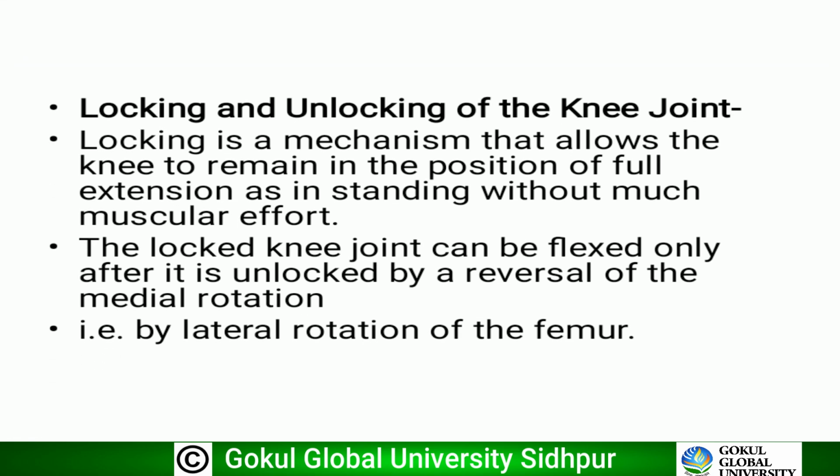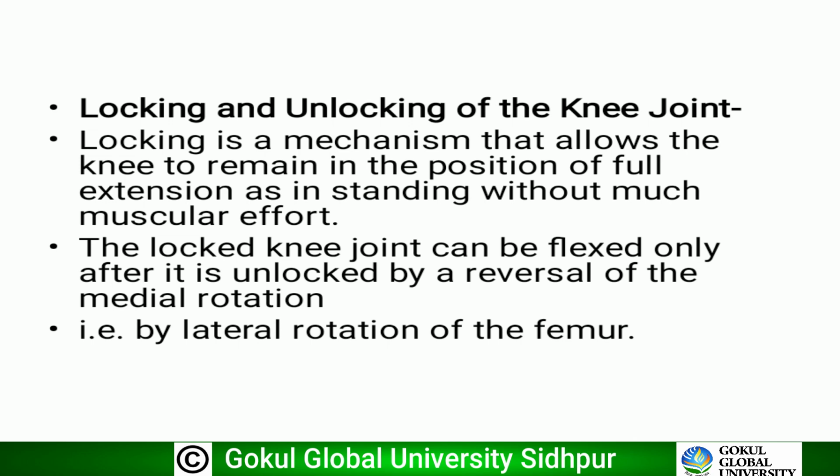Locking and unlocking of the joint. Locking is a mechanism that allows the knee to remain in the position of full extension, as in standing, without much muscular effort. It means whenever we are standing, it is the locking position of the knee joint.